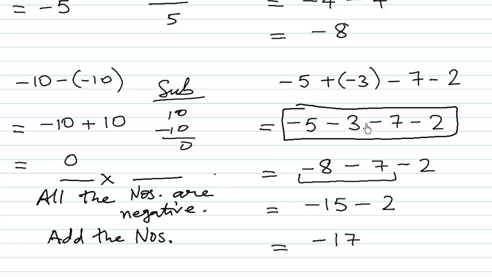So 5 plus 3 is 8, 8 plus 7 is 15, 15 plus 2 is 17. And since all the numbers are negative, just place a negative sign before it. So this is a shortcut to do such sums.